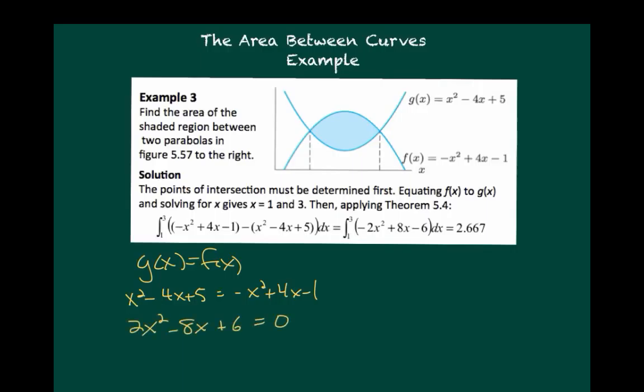I'm going to factor out a 2, and I'm left with x squared minus 4x plus 3, which of course is going to factor to x minus 3, x minus 1. When I solve for x, I get x equals 3 and 1. So those must be my two intersection points.